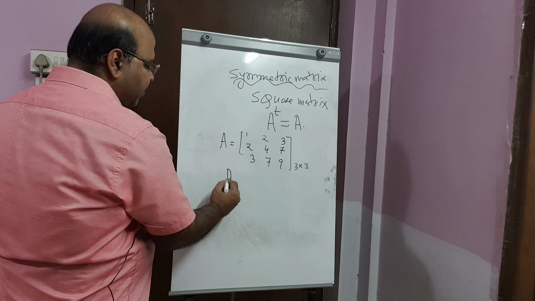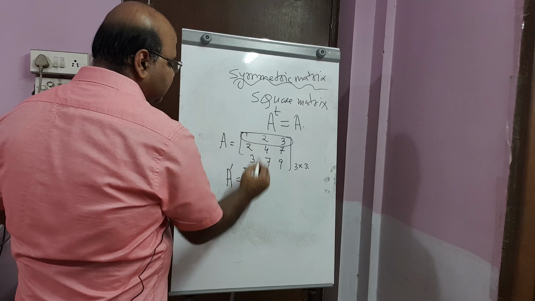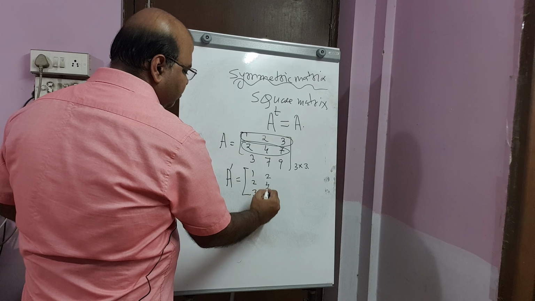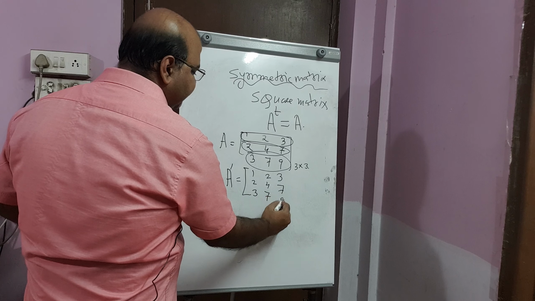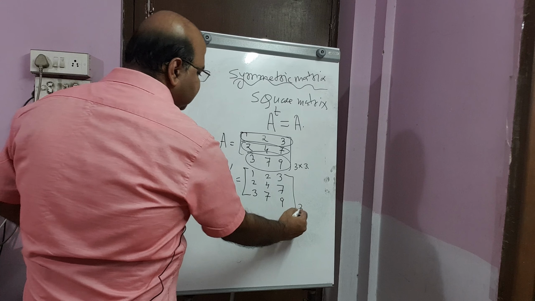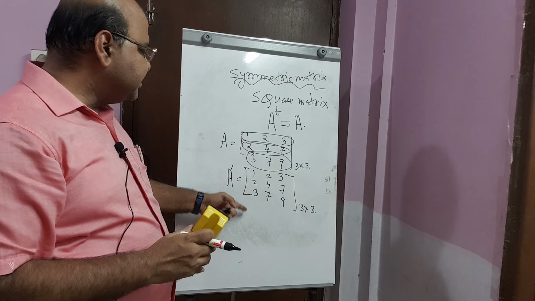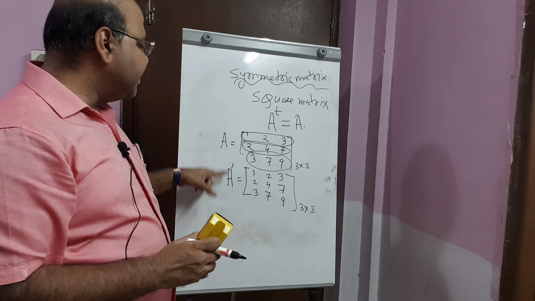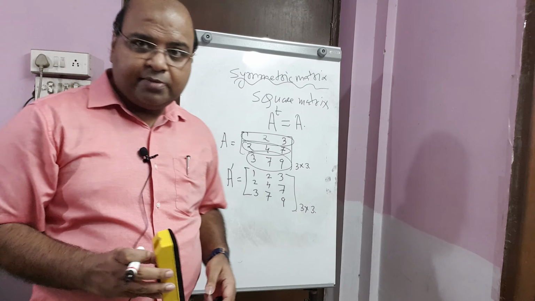If I now form A transpose, that is A dashed, we write the first row as the first column 1, 2, 3, the second row as the second column 2, 4, 7, and the third row as the third column 3, 7, 9. As you can see, there is no change in A dashed and A, we get the same matrix itself. So here we have A equal to A dashed, they are exactly identical. Then such a matrix A is said to be a symmetric matrix.